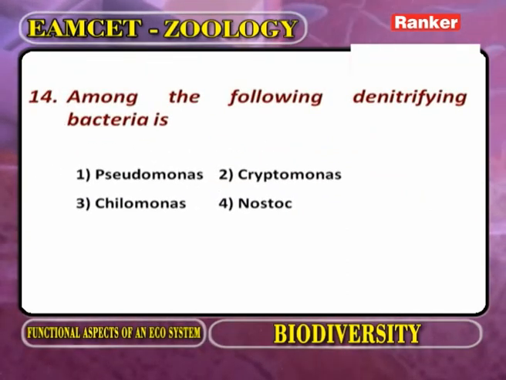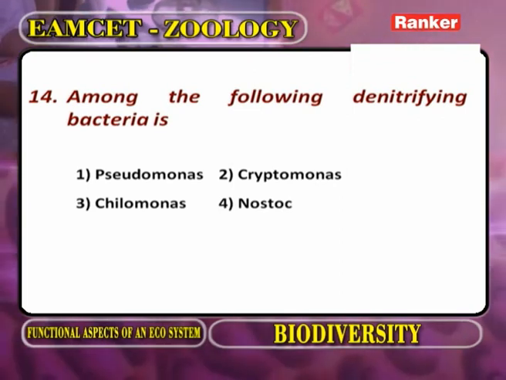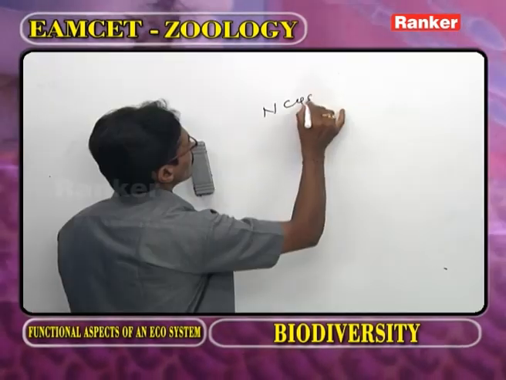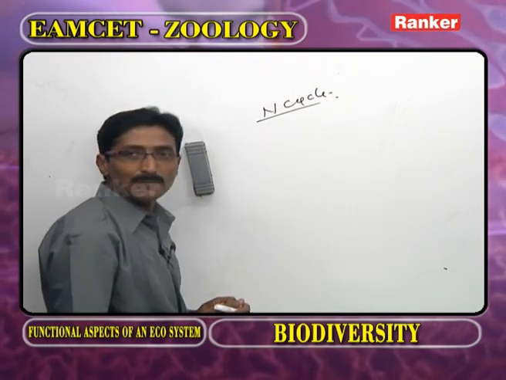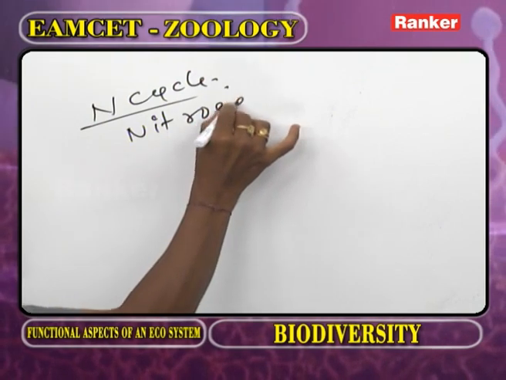Among the following, what is the denitrifying bacteria? As we observe the nitrogen cycle, this one we call nitrogen.